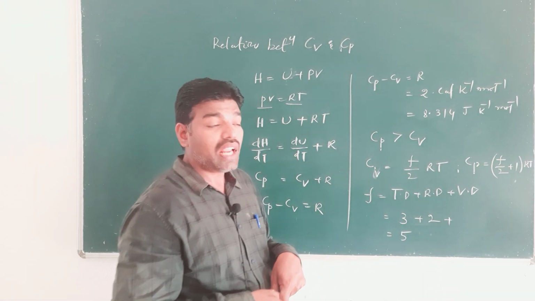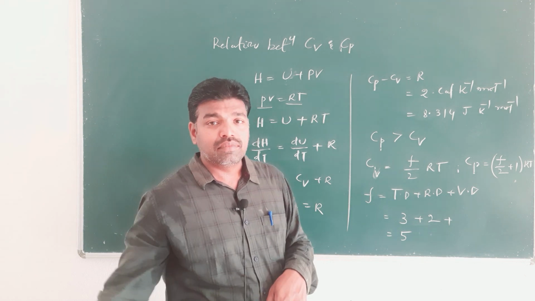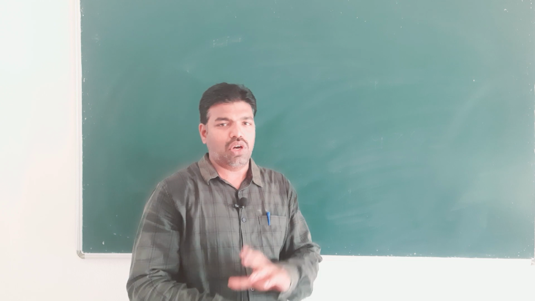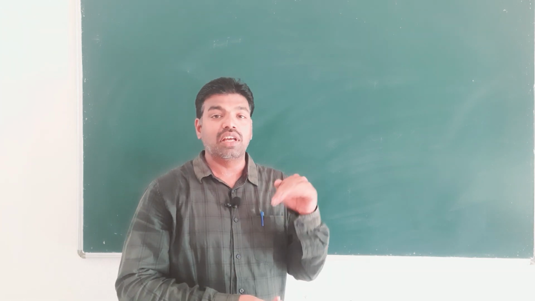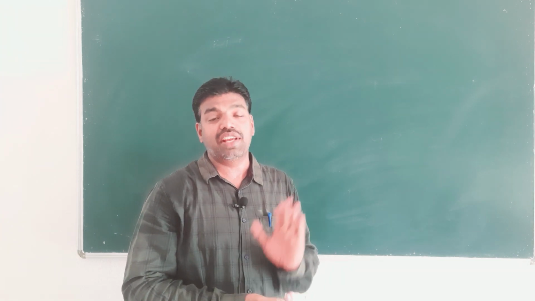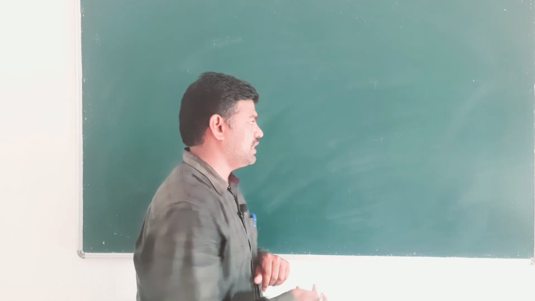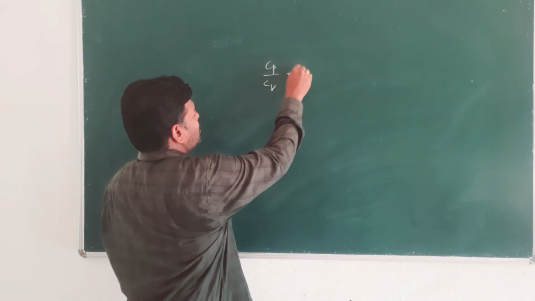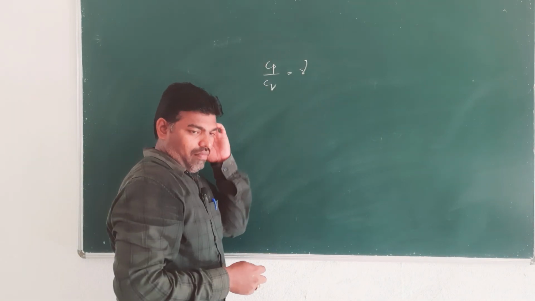And one more thing is that the ratio of heat capacities will give us an idea of the atomicity of gases. That is, the ratio of Cp to Cv, which is called gamma.